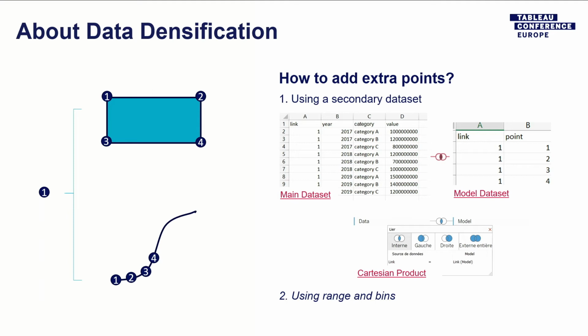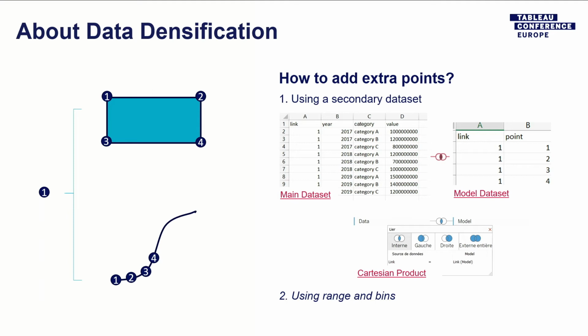So how can you add those extra points? There are basically two techniques. The one I use the most is using a secondary dataset. So what I mean by that is I have my main dataset with a fully aggregated measure in it, and I will perform a Cartesian product with what I call a model dataset with as many rows as I want to use in my design.